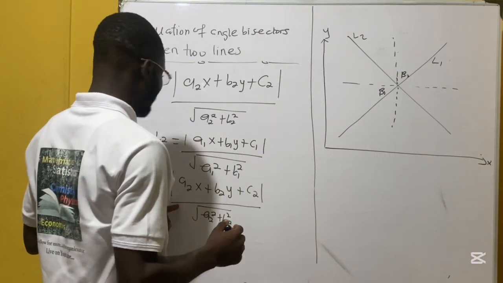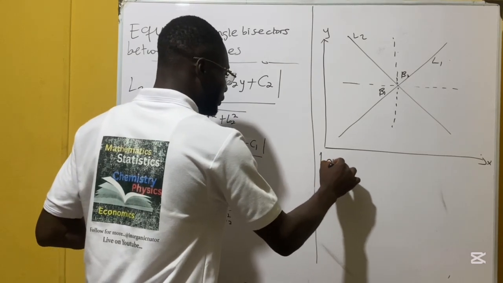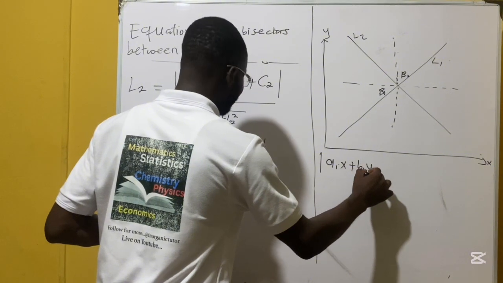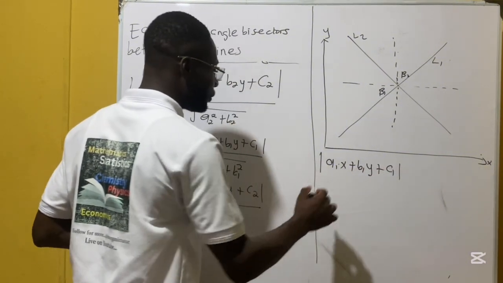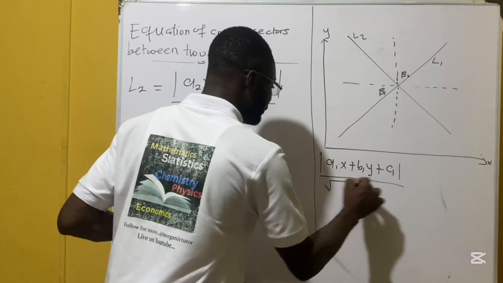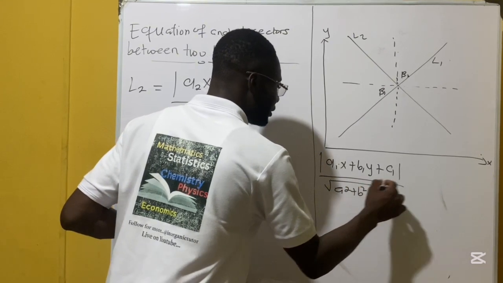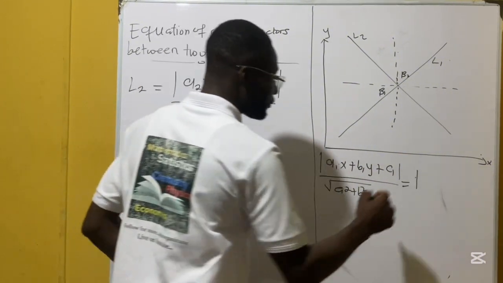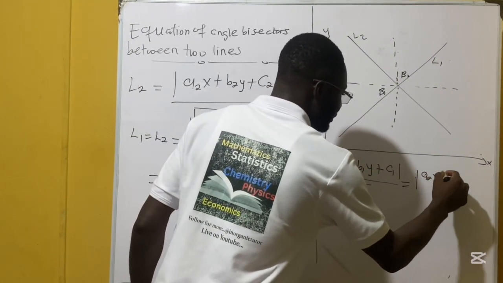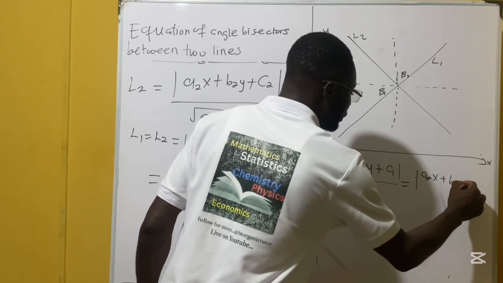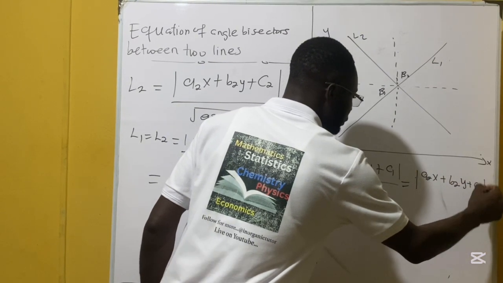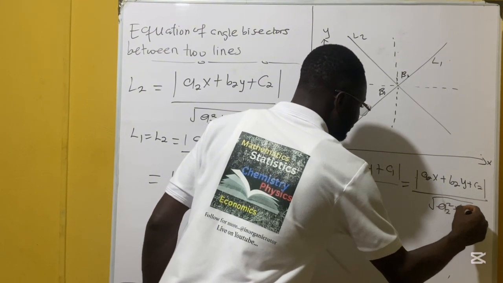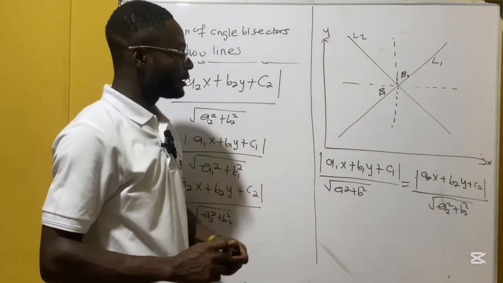So the absolute value of a1x plus b1y plus c1, all over the square root of a1 squared plus b1 squared, equals the absolute value of a2x plus b2y plus c2, all over the square root of a2 squared plus b2 squared, right?